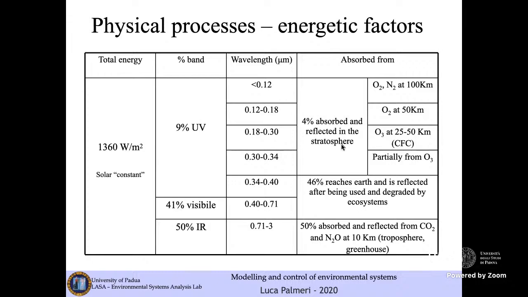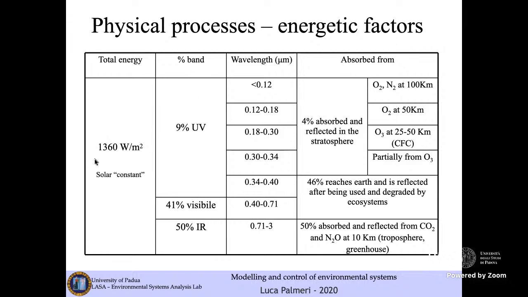The stratosphere is the upper part of our atmosphere, contrary to the troposphere, which is the lower part of our atmosphere. So this 9% is absorbed in these wavelengths.